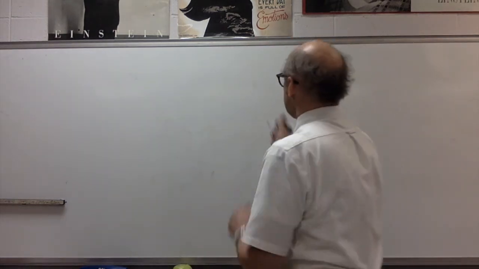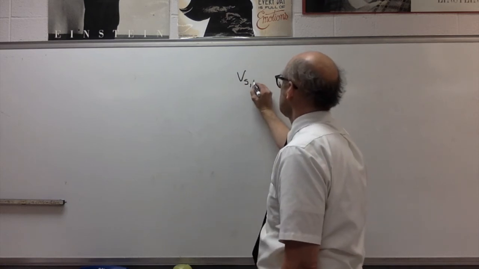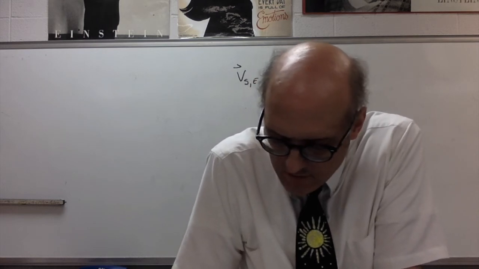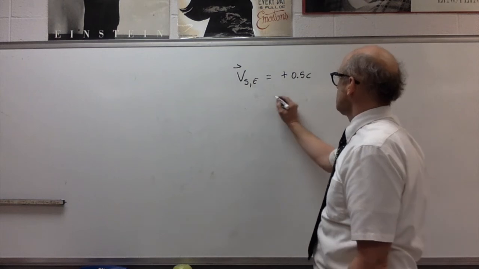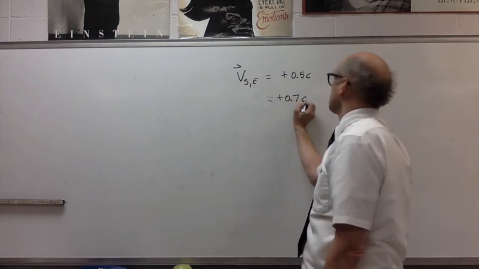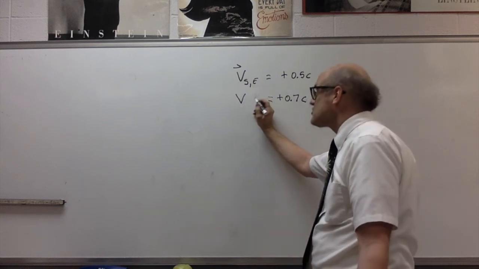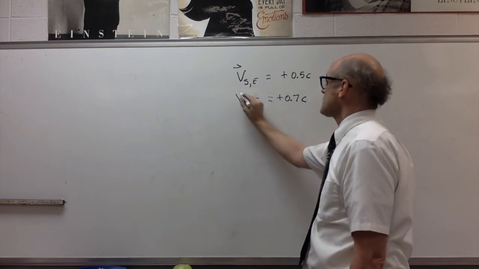So given information, we have here a spacecraft approaching the Earth at 0.5 c. So we'll say the velocity of the spacecraft relative to the Earth is 0.5 c. The exploration vehicle is also approaching, but at a speed of 0.7 c. So this we'll call the exploration vehicle, so I'll say X Earth for exploration vehicle.